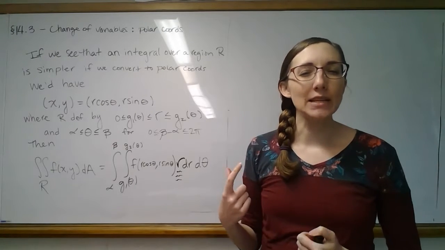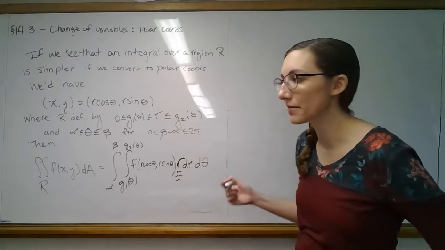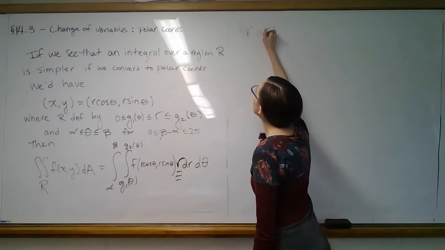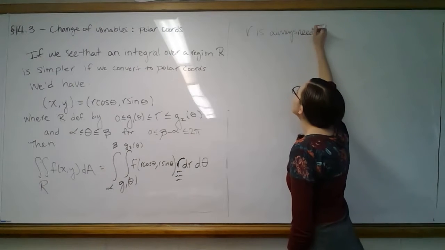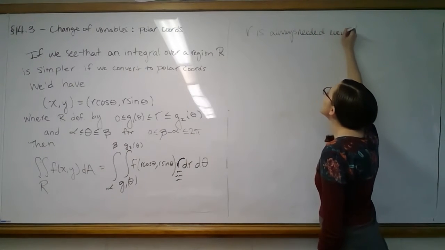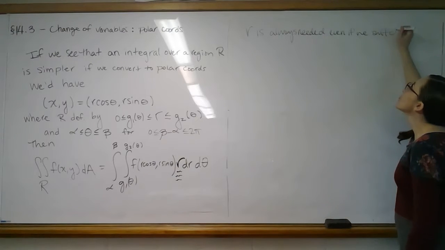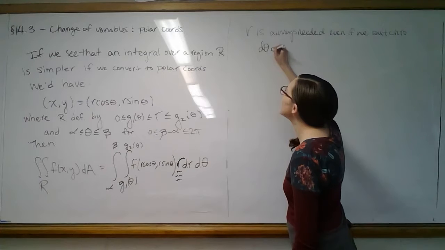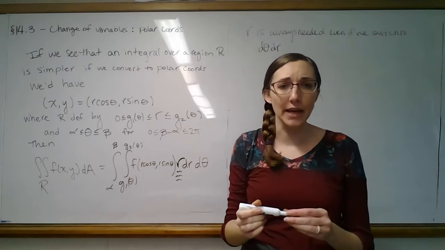One of the ways to convince ourselves that that r is necessary, so it is always necessary, r is always needed, even if we choose to do d theta dr as our order of integration instead of dr d theta, right?